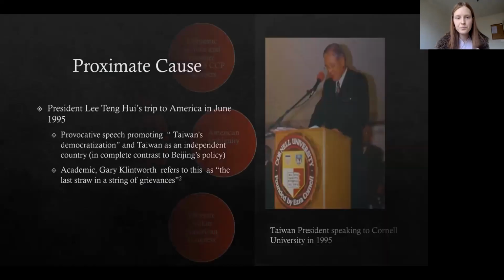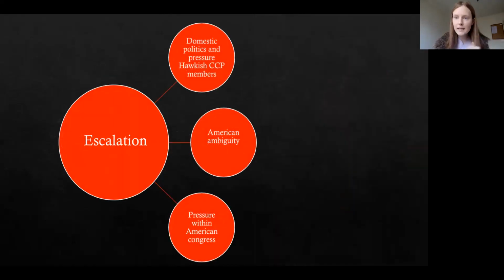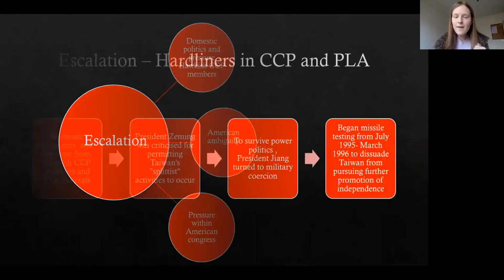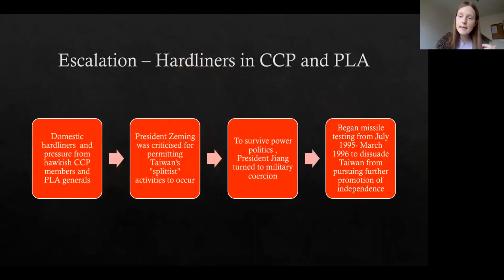So in terms of what escalated the crisis, one of the main factors was hardliners within the CCP and the PLA, or the People's Liberation Army. President Jiang Zemin, who was newly elected in China at the time, was criticised for permitting Taiwan splittist activities to occur. In fact, about 6,000 letters from PLA officials and businessmen were sent to the CCP, warning that the younger brother needs to toe the Chinese line.